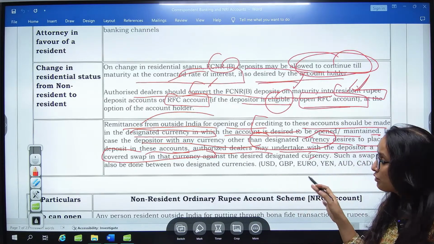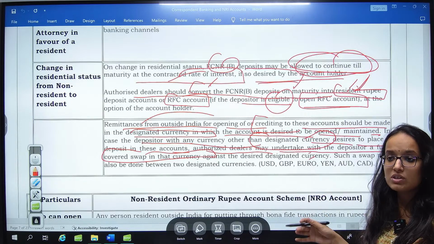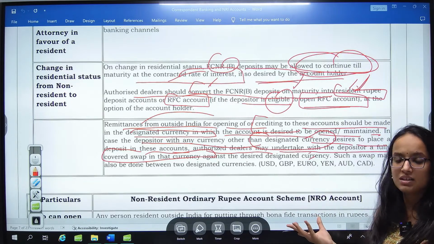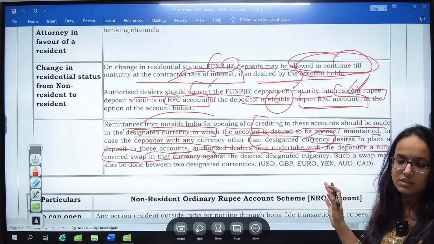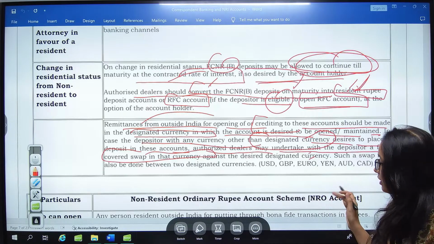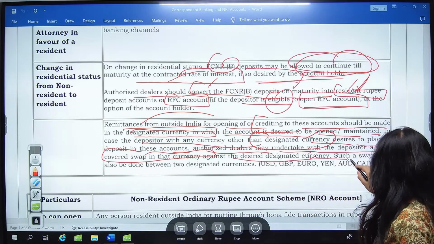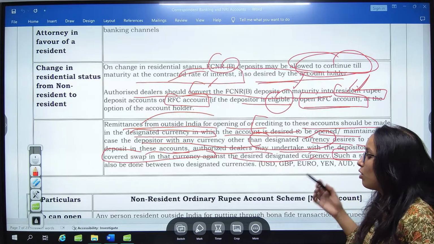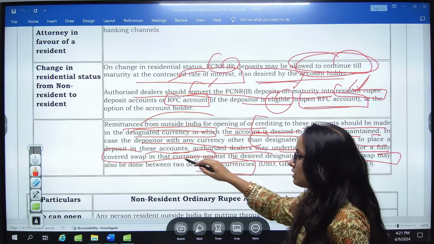If you have a currency deposit which is not in the designated currencies allowed for this FCNRB account, right? Such a swap may also be done between two designated currencies.